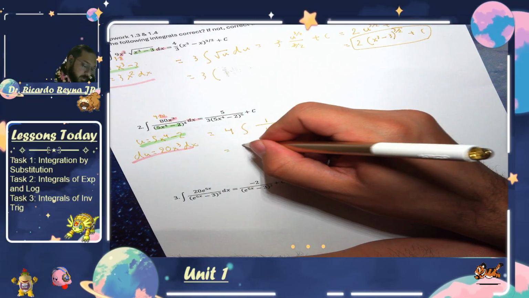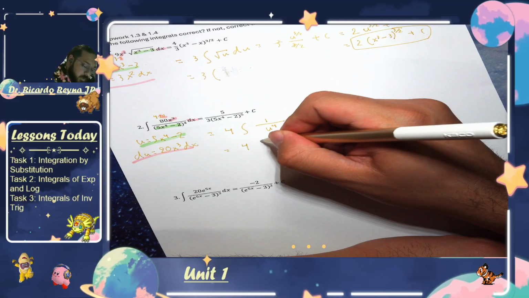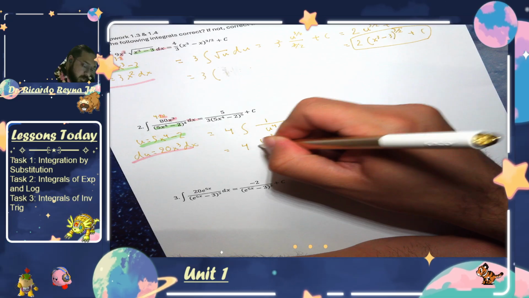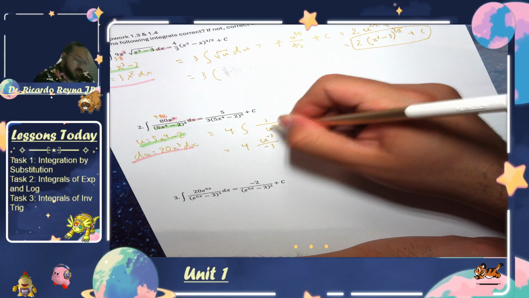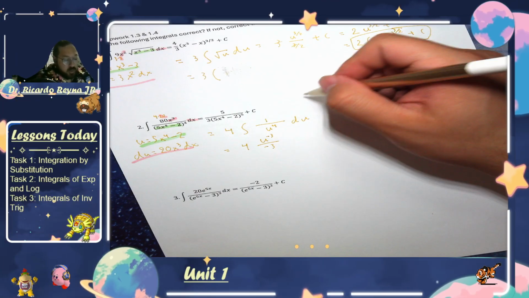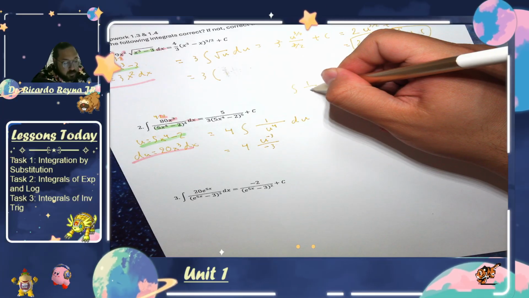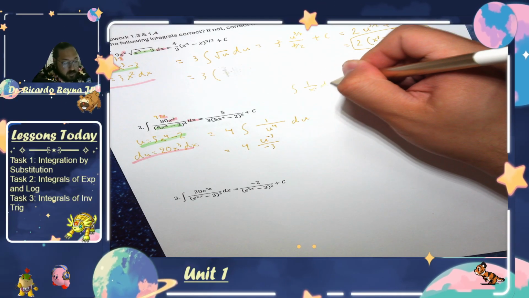Go ahead and rewrite that to be 4. That's going to be u to the power of -3 over -3. Don't forget when you're doing this, you're doing the rule which states 1 over, let's say, x to the power of n dx.